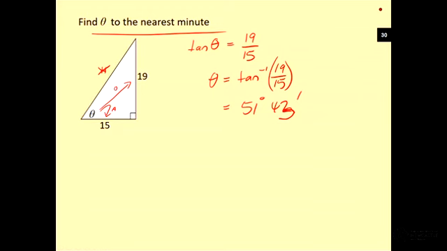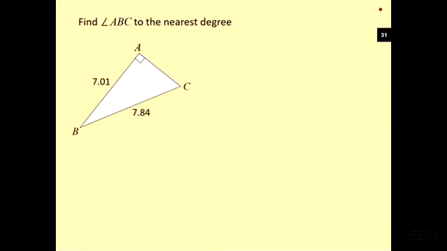Okay. Probably another. Find angle ABC to the nearest degree. ABC, I'm going to call it beta this time, just because. And sine, cos, or tan? I don't have the opposite.